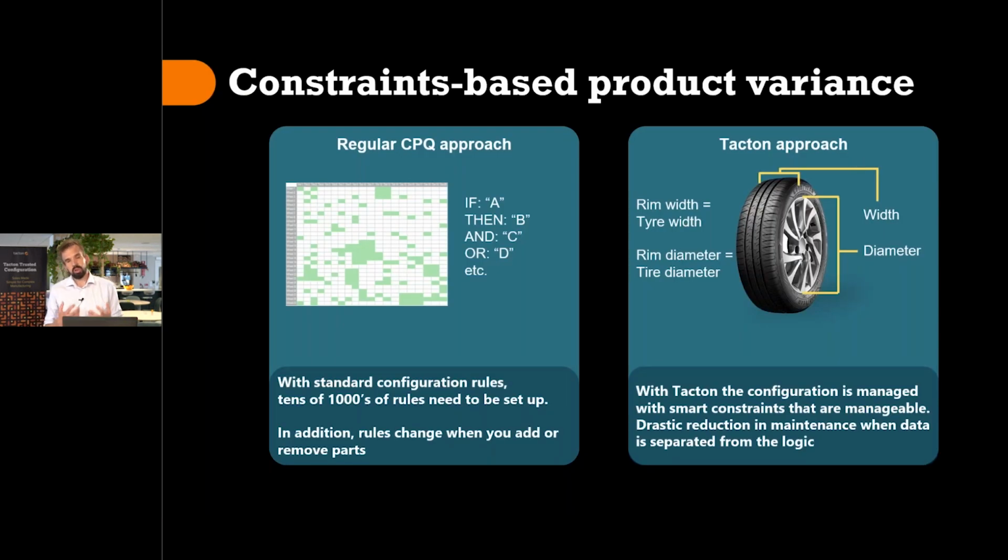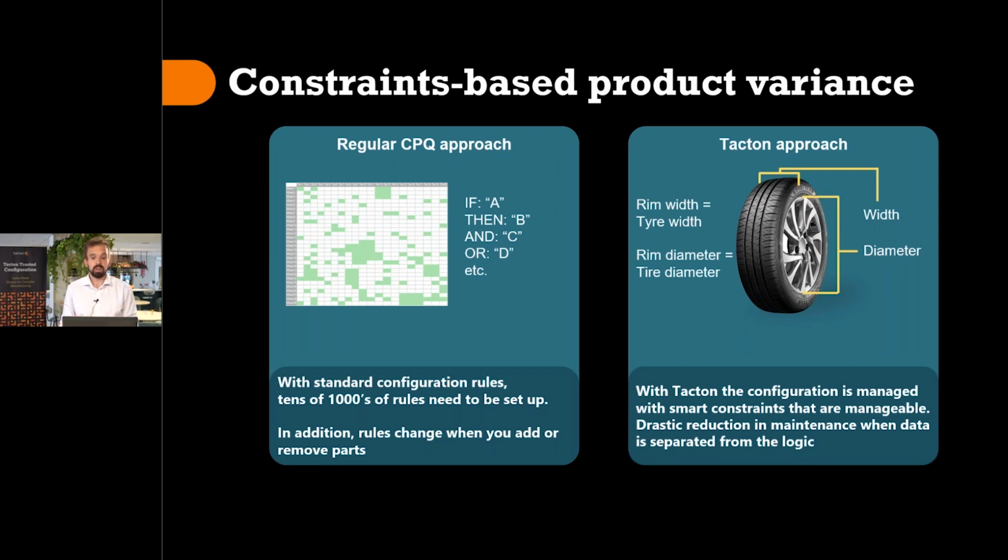Tacton has for a long time had this constraint-based product variance approach, where instead of having rules pointing out that this goes with this and that goes with that, we look at how things fit together in a more logical way, by describing our products with features and comparing those features instead of comparing the actual items within a configurable product.